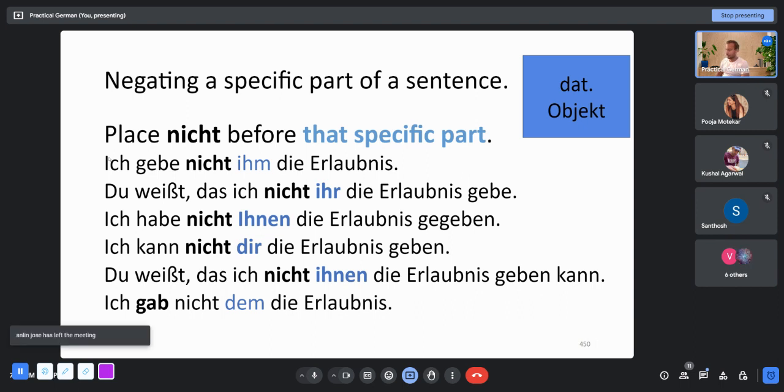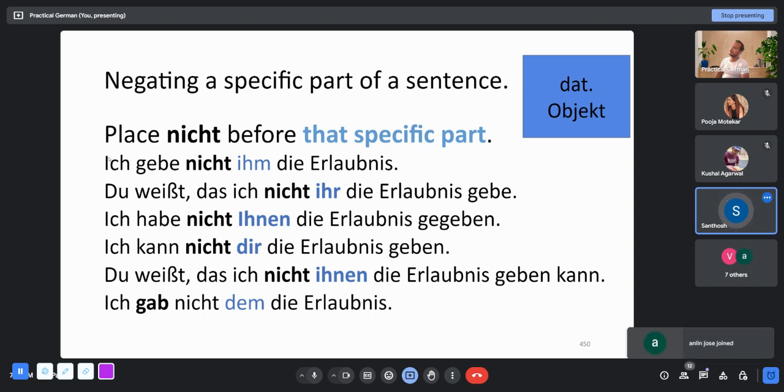Santosh, you can read if you don't mind. Ich gebe nicht ihm die Erlaubnis. I did not give him permission. Du weißt, dass ich nicht hier die Erlaubnis gebe.